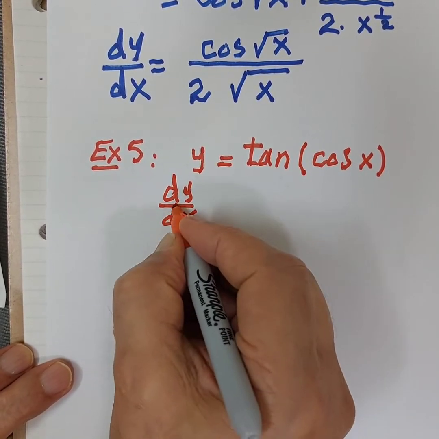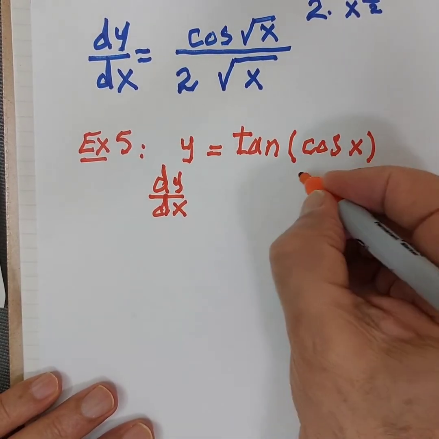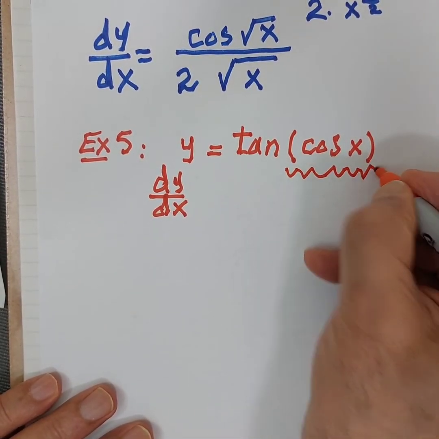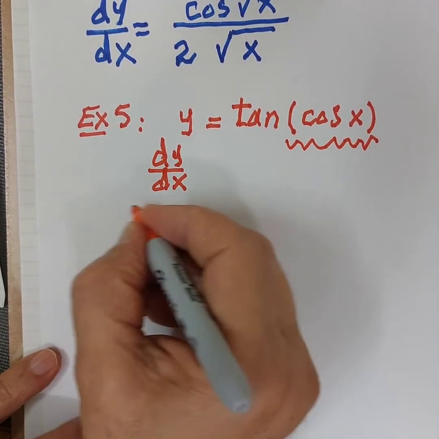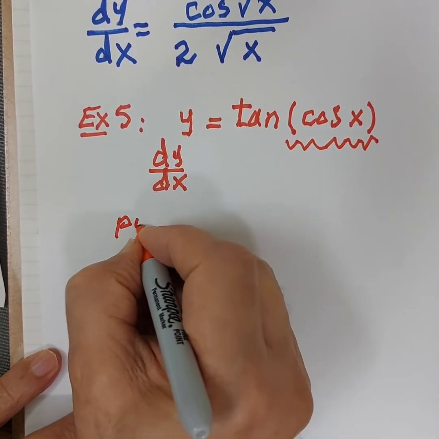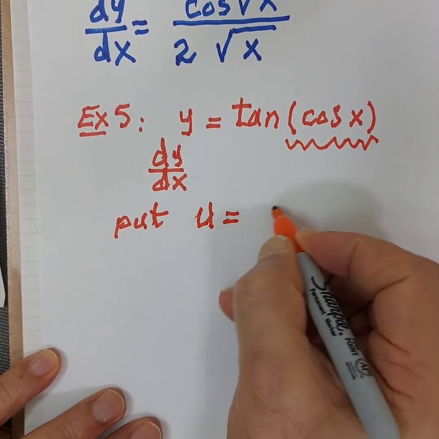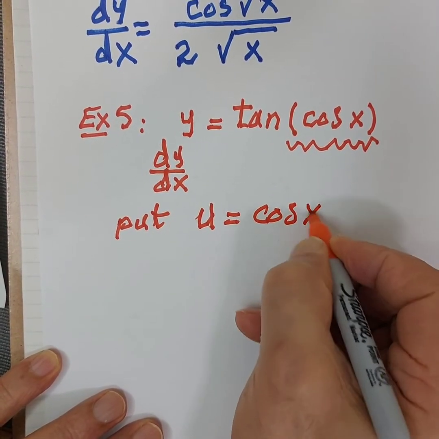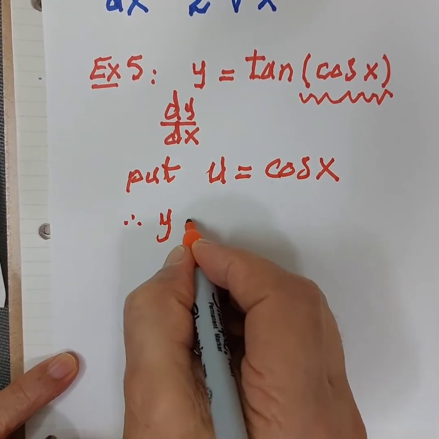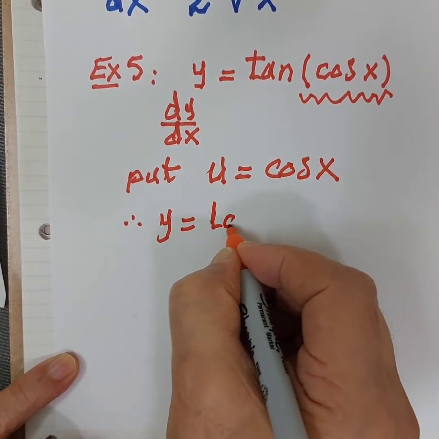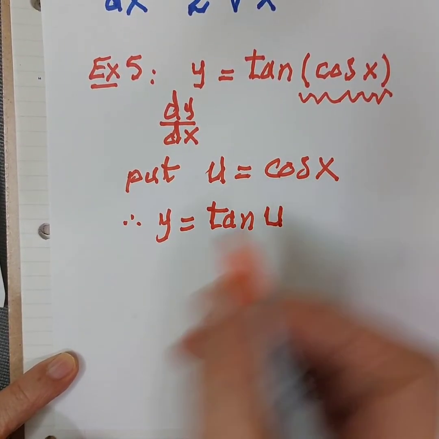We will follow the same as we did before. Consider this is any symbol like u or anything. Here to solve, we put u is cosine x. Then the question changed into y is tan u, where u is cosine x.